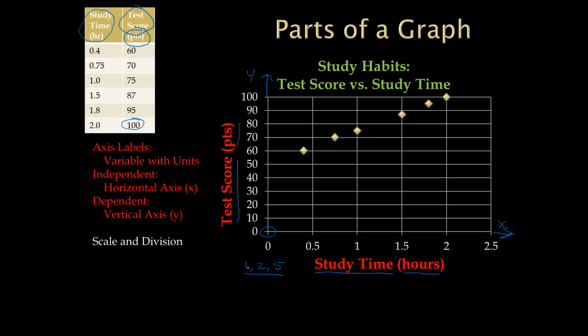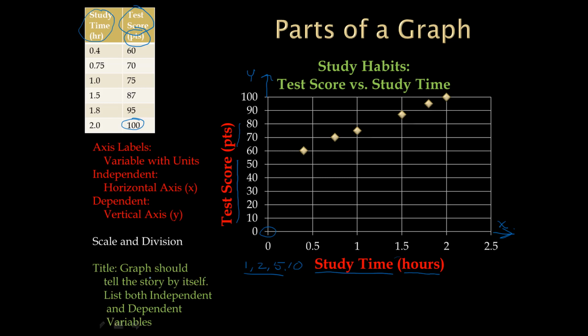I'm looking for multiples of 1, 2, 5, or decimal versions of that, so I could also go in units of 10 points along here. The last thing I want to put on my graph is a title, and that graph should tell the story by itself. List both the independent and dependent variables. So here I've given the title Study Habits, Test Score versus Study Time.